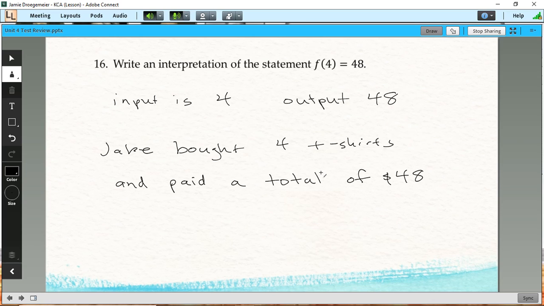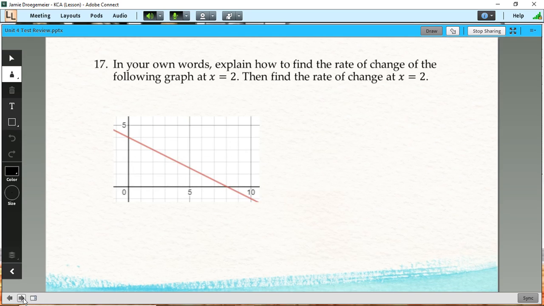So if the t-shirts were $12 a piece, he's buying 4 of them. 4 is our input, so when he buys 4, the cost is $48. So that's a way that you can give an interpretation that would apply to it.